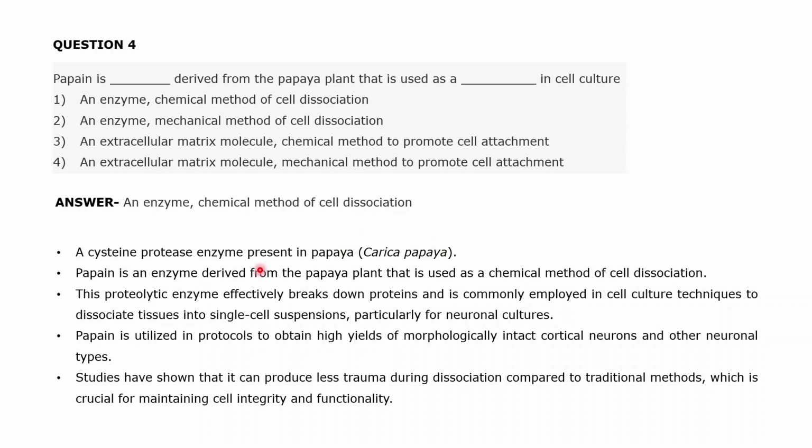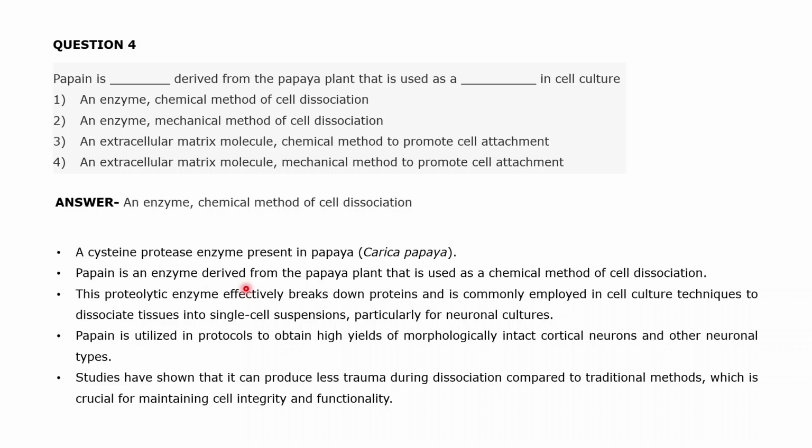So basically it is an enzyme derived from the papaya and is used as an enzymatic method of cell dissociation. If you look at how the cells are kept together, you know that they are kept together by an extracellular matrix. Proteoglycans are there, vimentins are there, collagen is there, several extracellular matrix components are there.